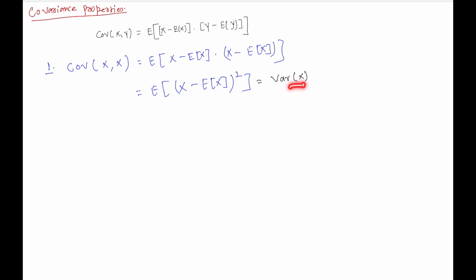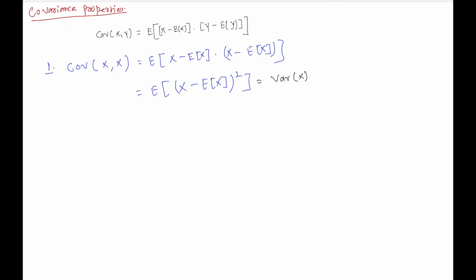This is how we define the variance of a random variable x. It is nothing but the expected value of the squared distance from its mean, and this is what we have got. So the covariance of the random variable x with itself will give you the variance of x.